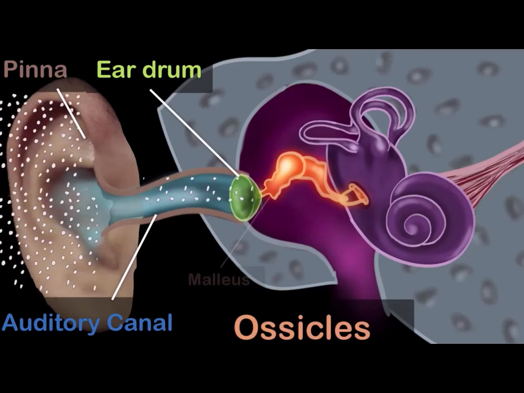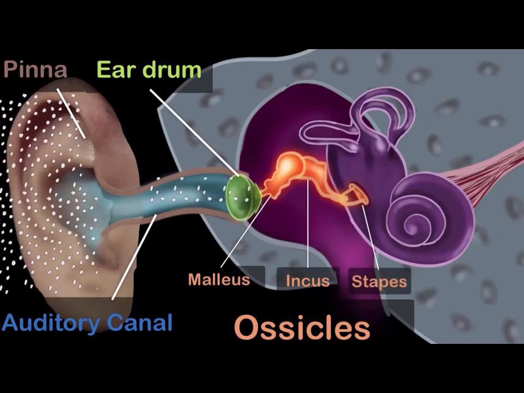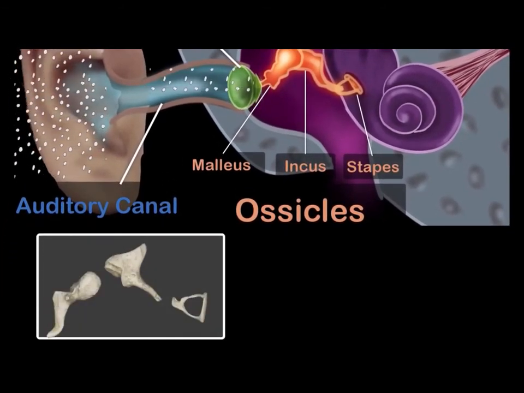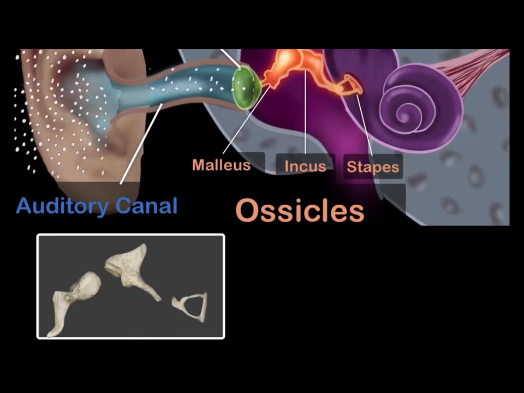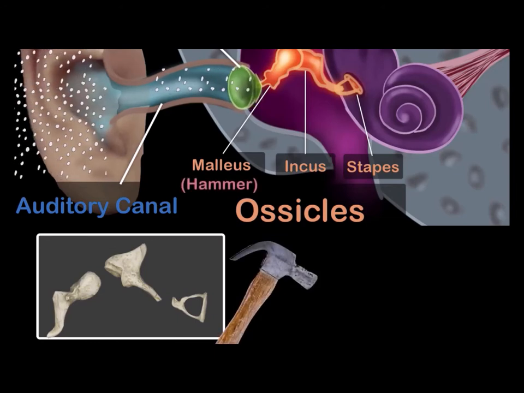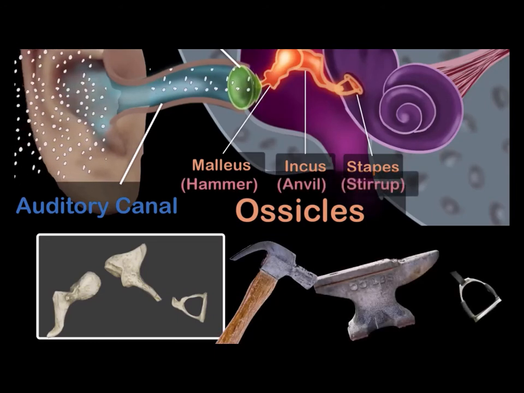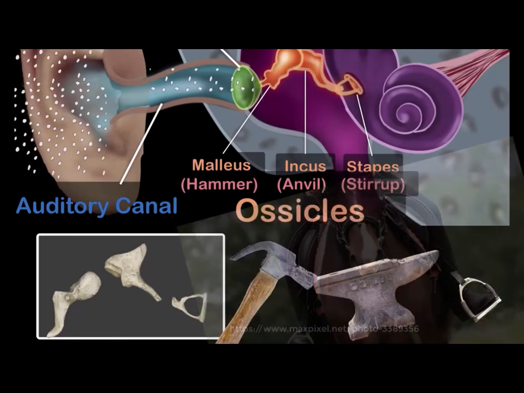They're called the malleus, the incus, and stapes. And here's the actual picture of these three bones. And because of their shapes, they're also commonly called the hammer, the anvil, and the stirrup. Stirrup is where you rest your feet when you're riding your horse.